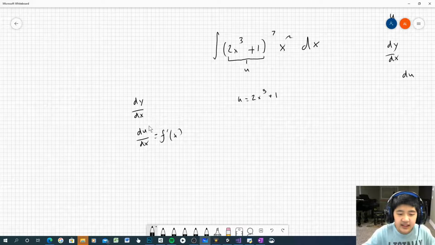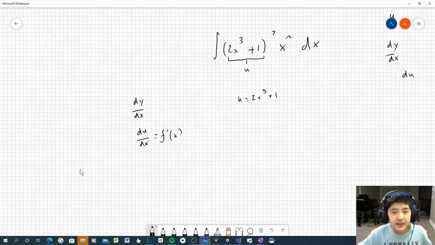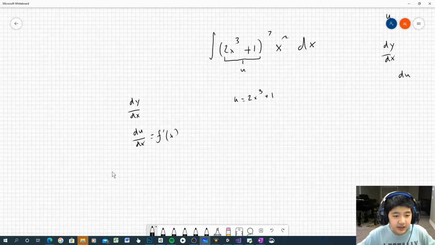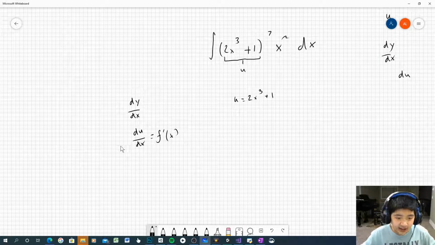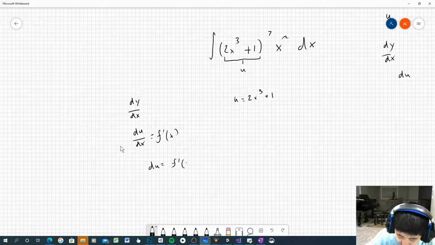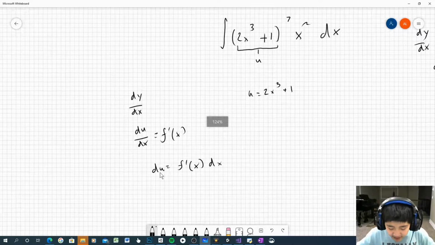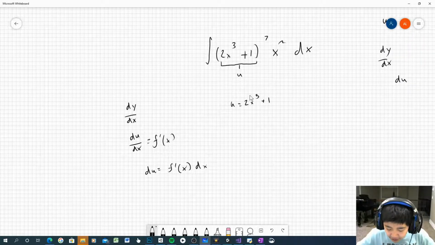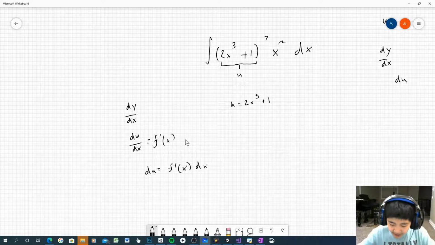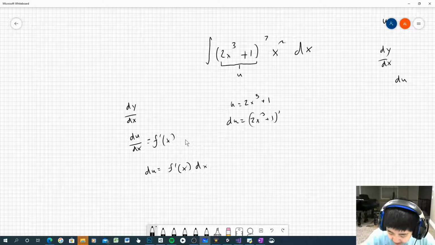Well, since dx and du can be used basically just like any other thing in an equation, we multiply both sides by dx and we get du equals f prime of x times dx. So what does this mean? It means that our du is u prime times dx. So du equals (2x^3 + 1)' dx.